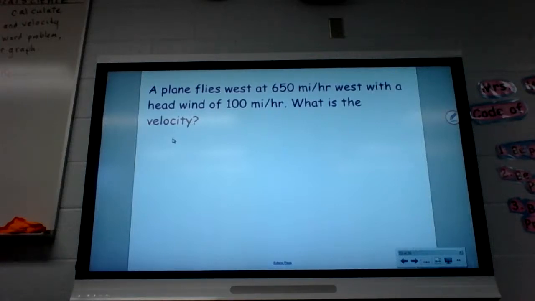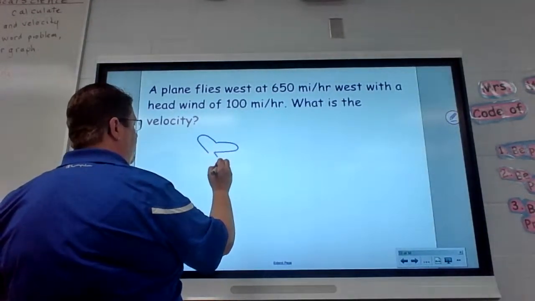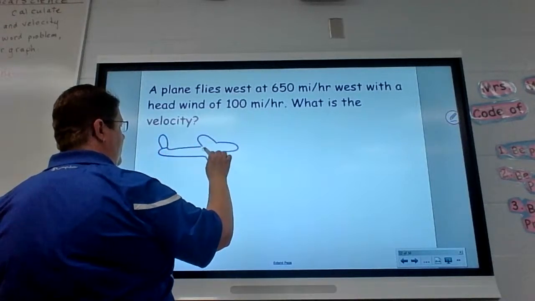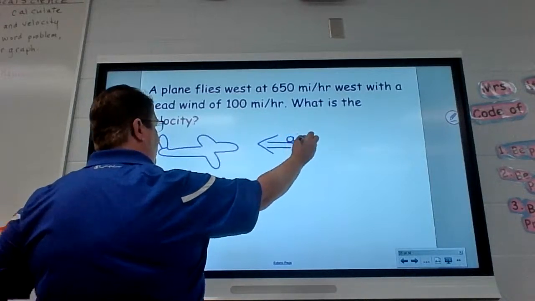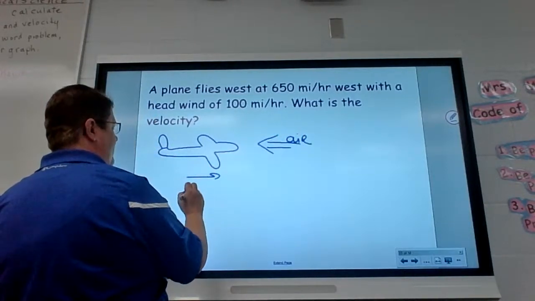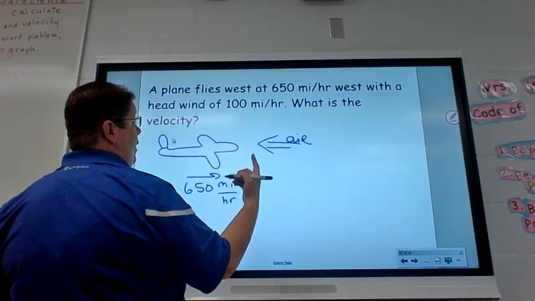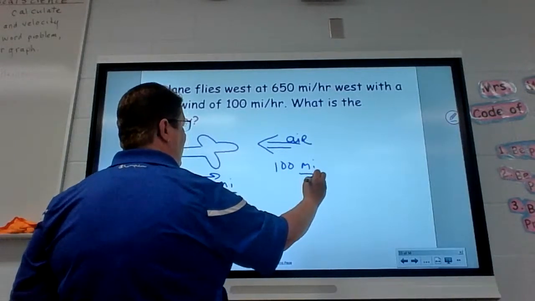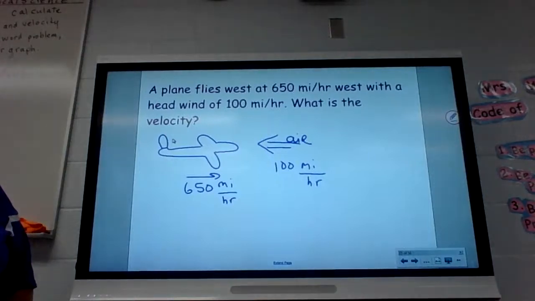I know it's a terrible picture again. But if you have a plane that's flying, stop worrying about the plane. If the plane is flying at 650 miles per hour and the wind is blowing at 100 miles per hour as a headwind, are they going in the same or opposite directions?